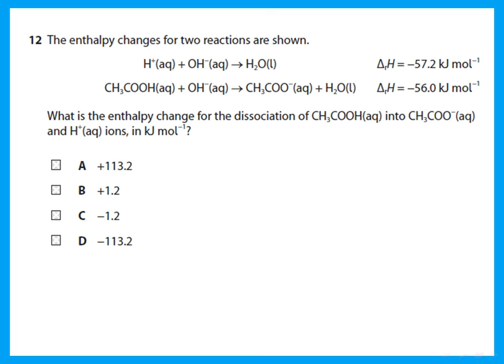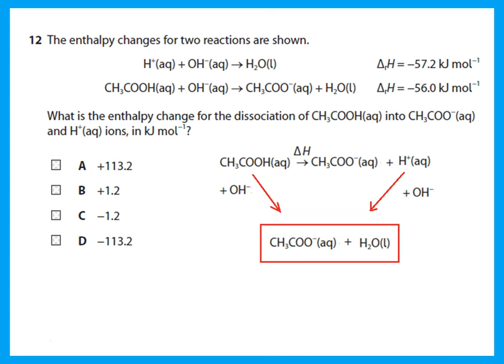The enthalpy changes for two reactions are shown. What is the enthalpy change for the dissociation of CH3COOH into CH3COO- and H+? So this is obviously using Hess's law. So he wants this equation on top, CH3COOH, to give CH3COO- plus H+.